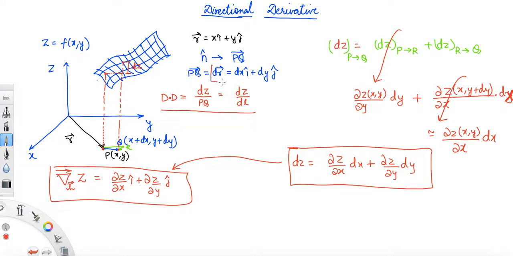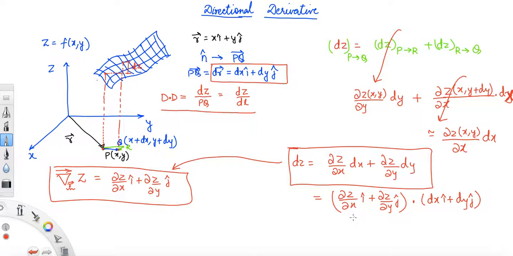And we have this dr vector as dx i cap plus dy j cap. So this quantity can also be written as del z over del x i cap plus del z over del y j cap, with the dot product of pq vector or dr vector, that is dx i cap plus dy j cap, because we know how to express the dot product of two vectors in its components.